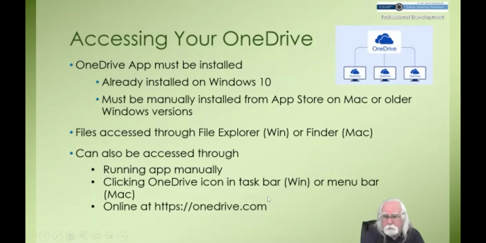You can also, if you're not on one of your own computers where you're logged into your Microsoft account, say you're on a computer at a conference or something like that, just go on the web to onedrive.com.